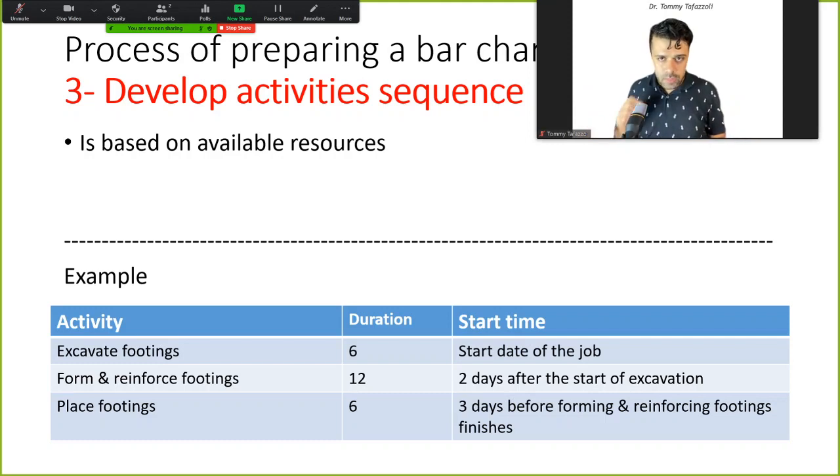So a very important thing in sequencing activities is to understand what type of resources each activity takes and what the available resources are, and if you are able to share your resources between the two at the same time, and if not, you have to schedule them at different times.